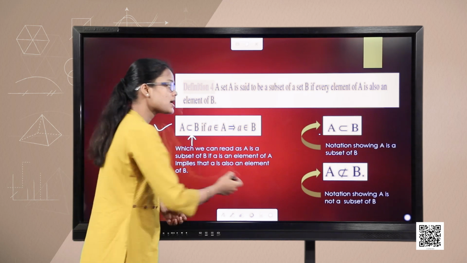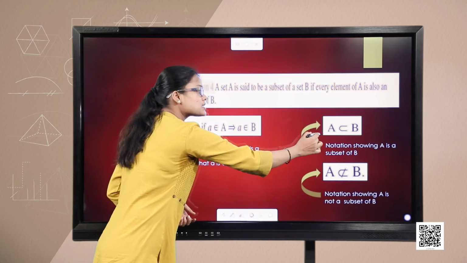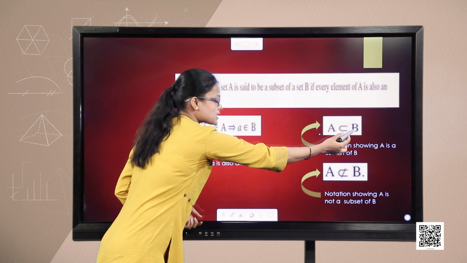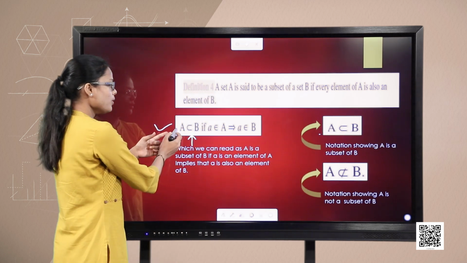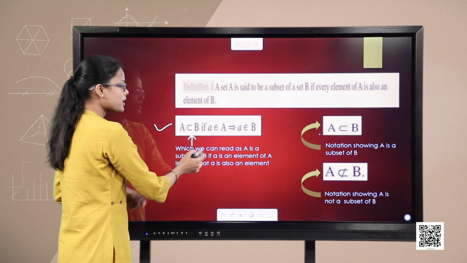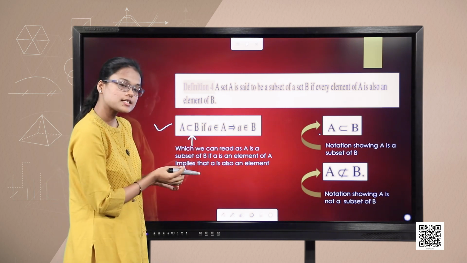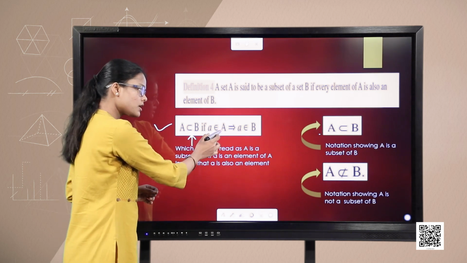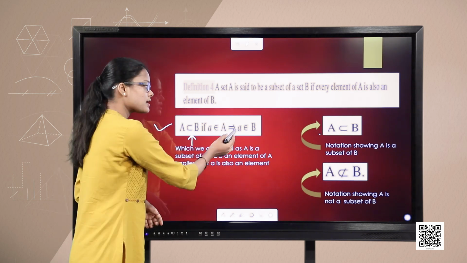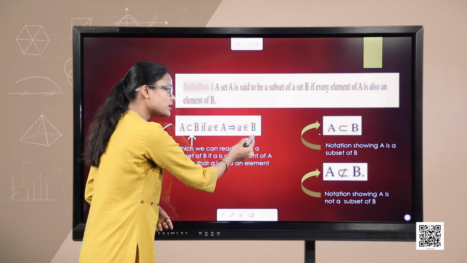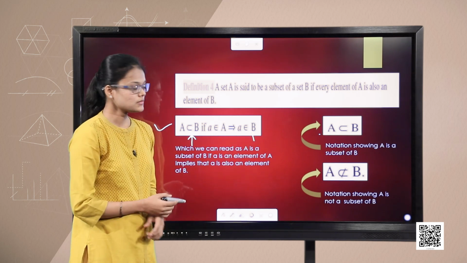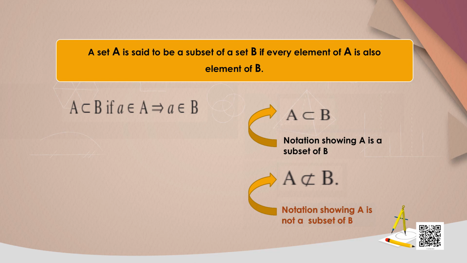Why? Because every element of A is contained in the set B. So, A is a subset of B if x belongs to A implies x belongs to B. That means, if I take any arbitrary element in A, then it implies that it is also a member of the set B. If A is not a subset of B, then the notation used is like this. Let us take some examples on it.